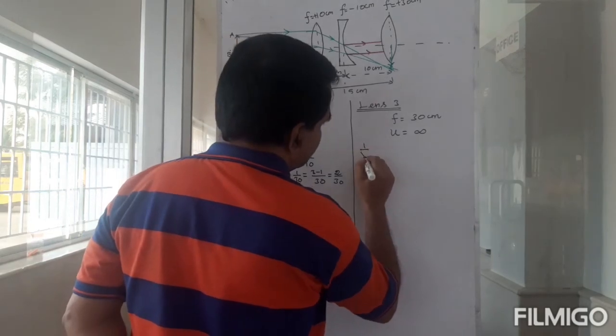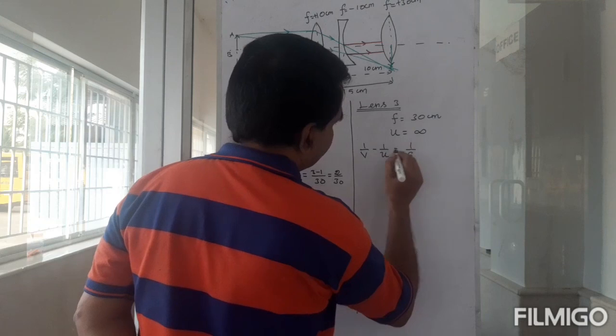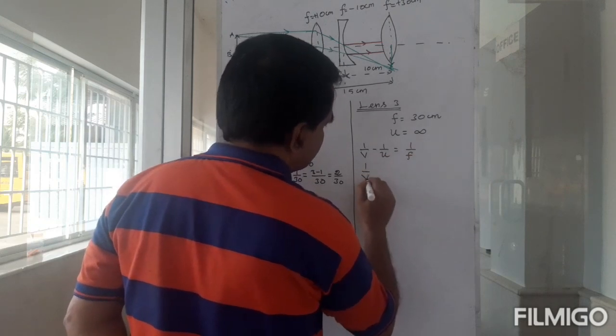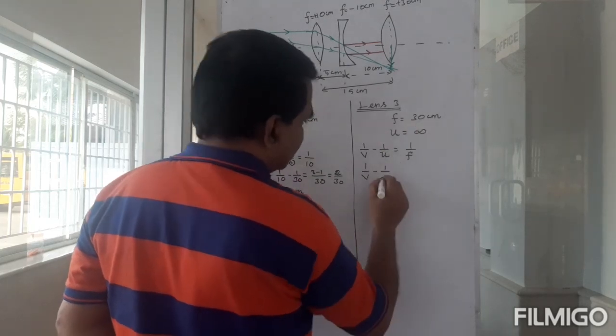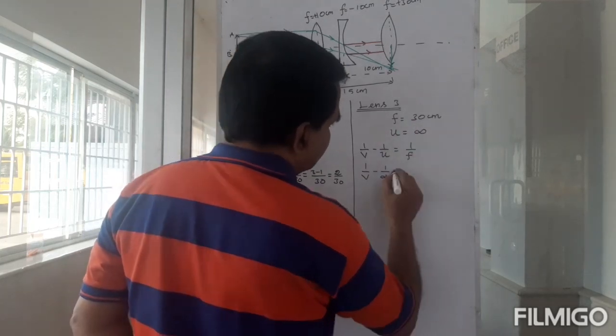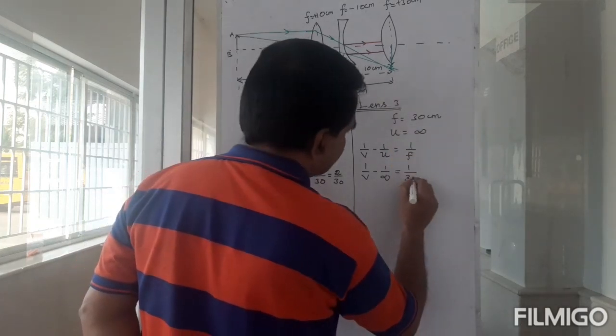So 1 by v minus 1 by u is equal to 1 by f. Minus 1 by u is infinity, so that becomes 0 anyway. That is equal to 1 by f, and f is 30.